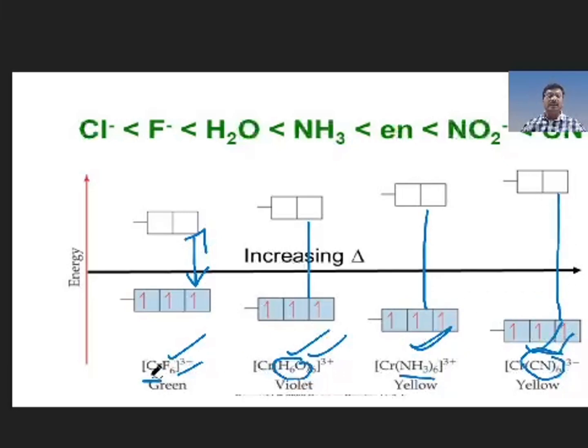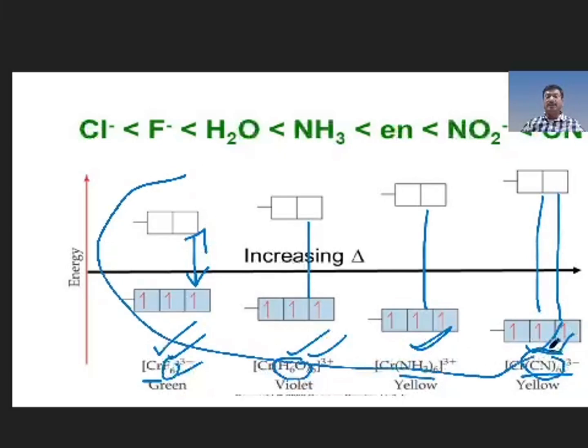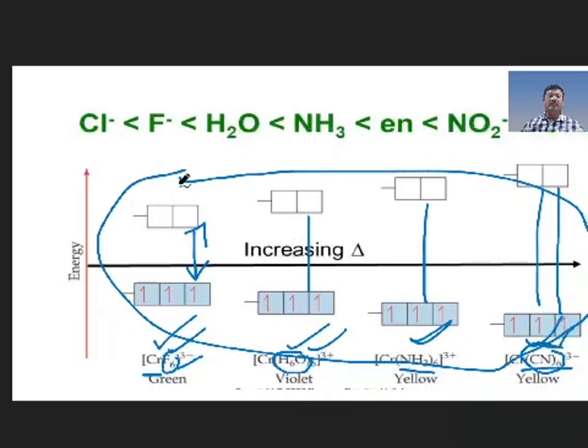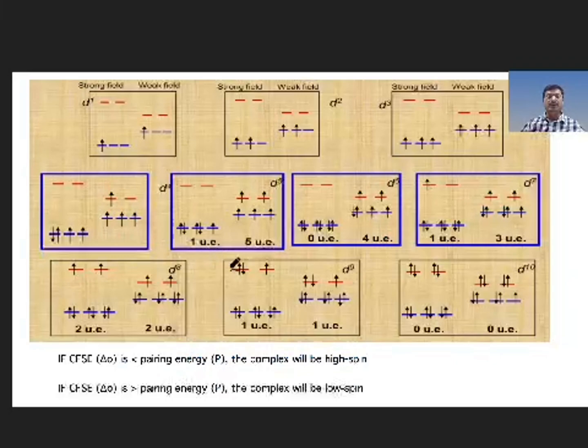When the central metal ion is attached to different ligands, depending upon the strength of the ligand, the delta value will vary. If it is attached to a weak field ligand, the delta value is less. If it is attached to a strong field ligand, the delta value is more. And depending upon this delta value, you get a low spin compound or a high spin compound. How do we get low spin and high spin compounds?